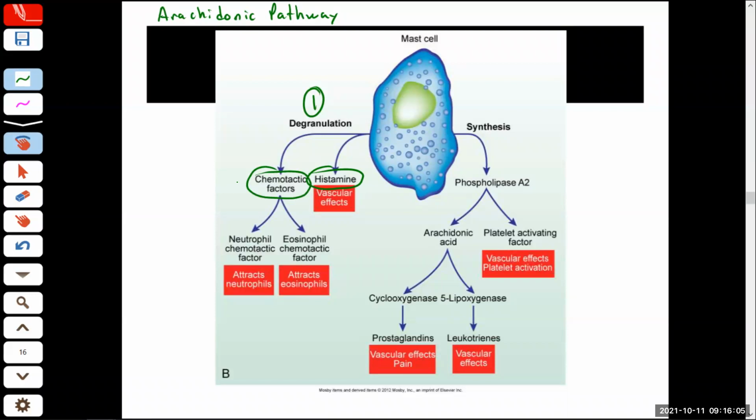Now, after we've dumped all of our histamine, what do we have to do now? Synthesize. The things that we are going to be synthesizing, things you need to worry about, platelet activating factor and prostaglandins. Okay.